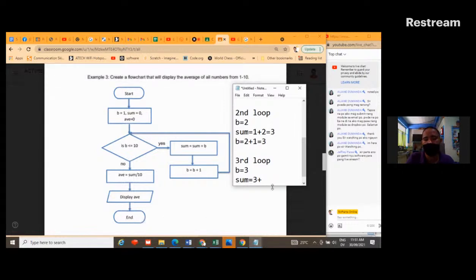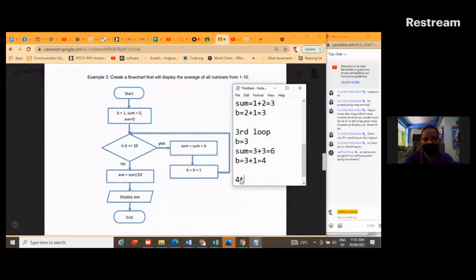Our B is 3, so that is equivalent to 6. Then B here is 3 plus 1, it is equal to 4. So this is a counter. Actually, the purpose of the B is a counter. It adds 1 to your variable the moment it loops, no?